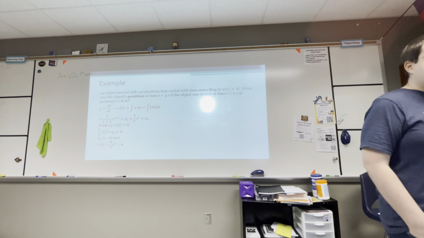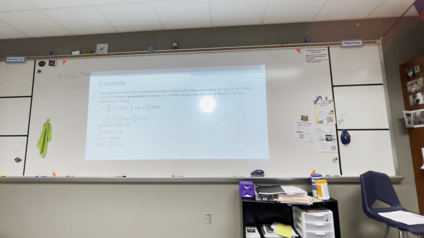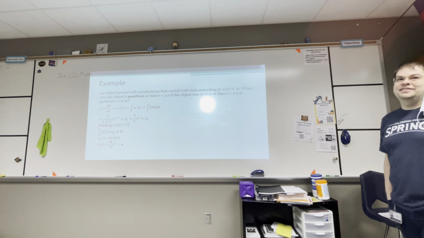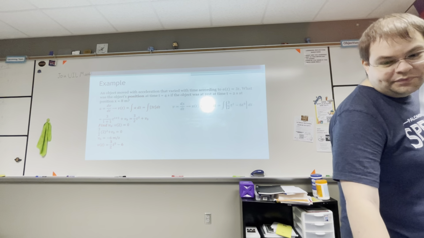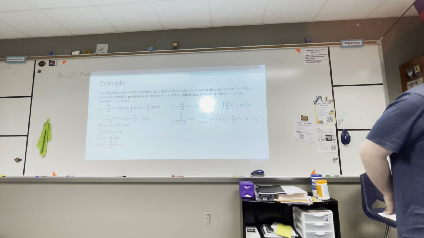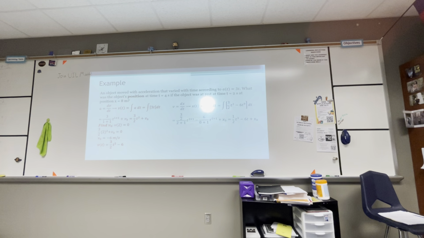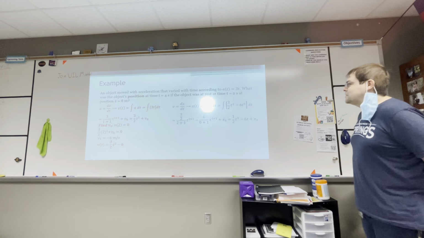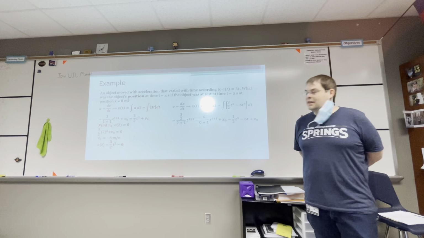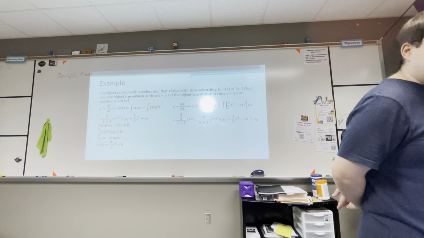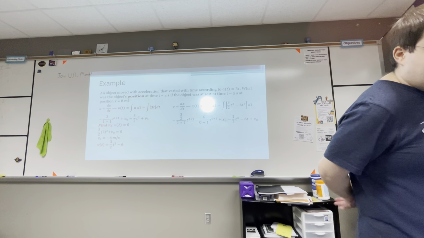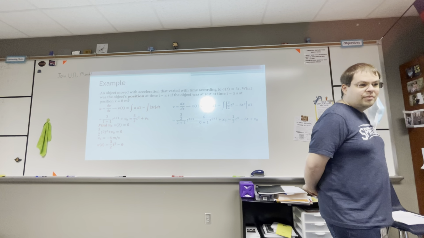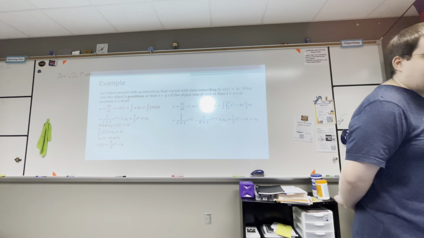Once we have that velocity function, now we just take the antiderivative of that and repeat to find our position function. Now it gets a little more complicated because we have that 3 seconds in there, but we still do everything the exact same. It just seems like it gets a little bit longer because of that. And then we also know that it was at rest at time t equals 2 seconds at position 8 meters.